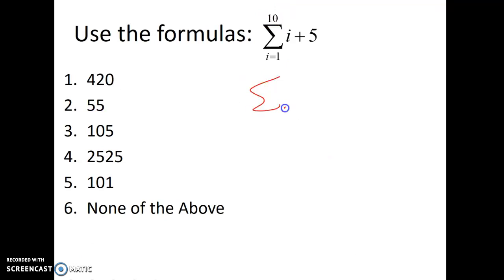Next, we can sum i plus the sum of 5. Sorry, I messed up there. Write down your i formula plus your constant form, or your coefficient form, is just 5n. So then write down your i formula, and then for all the n's, plug in your upper bound 10.